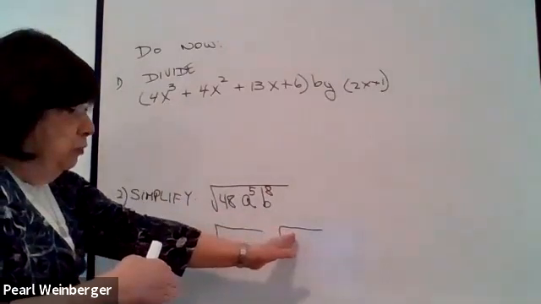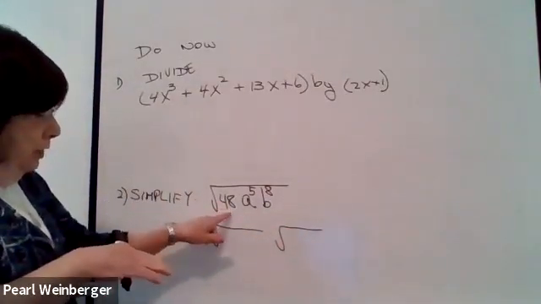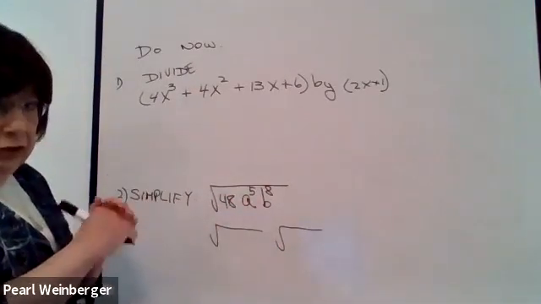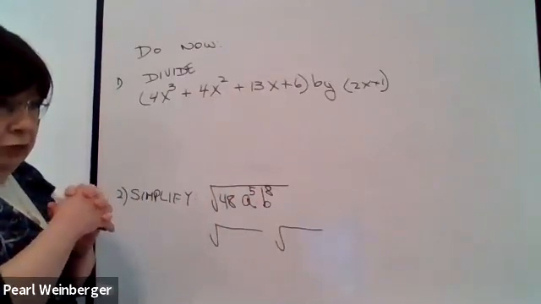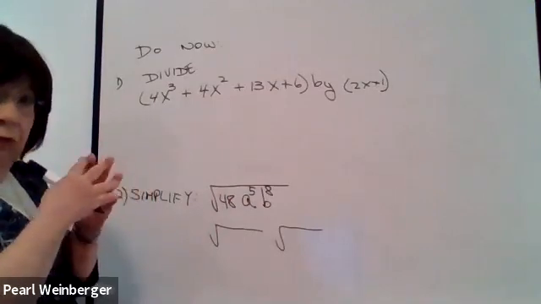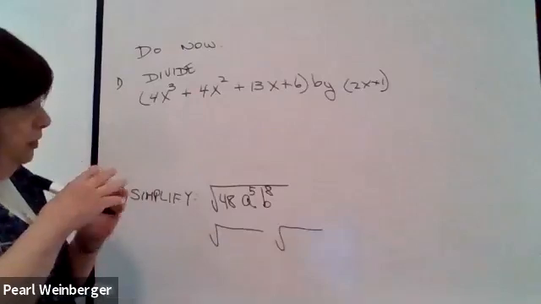Anything that's left over will go in the second radical. So actually we do it piece by piece. We start with the number 48 and think what two numbers multiplied together will give us 48, and one of them has to be a perfect square. One of them I can take the square root of.